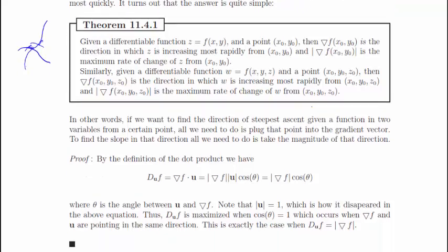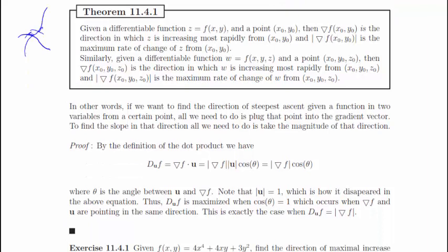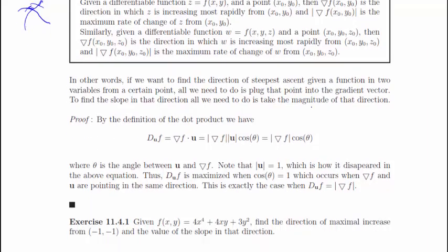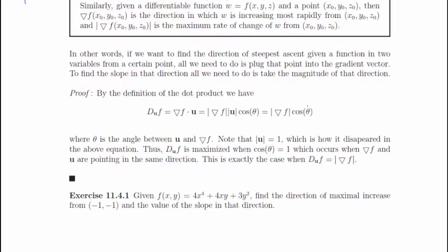Okay, so in other words, if we want to find the direction of steepest ascent given a function in 2 variables from a certain point, all we need to do is plug that point into the gradient vector, and voila, we have our direction of steepest ascent. And to find the slope in that direction, all we need to do is take the magnitude of that vector.